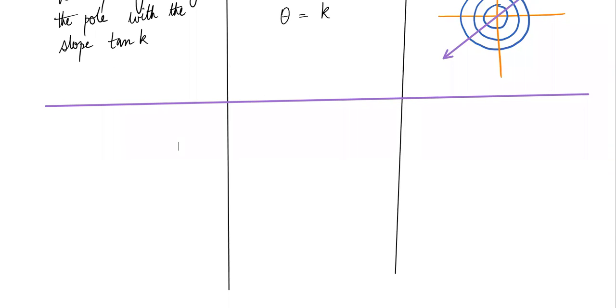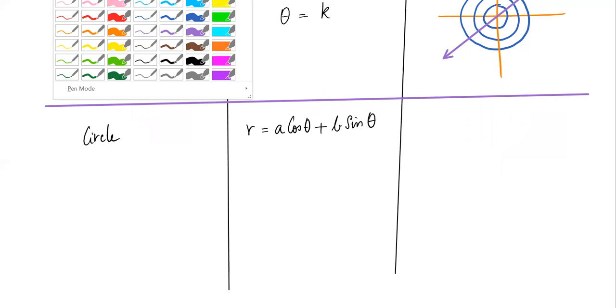Okay. Next, that first one was a line, right? So if you want to know if the equation will produce a circle, then you have r equals a cosine theta plus b sine theta. If it looks in this form, you can be assured that it's going to be a circle.